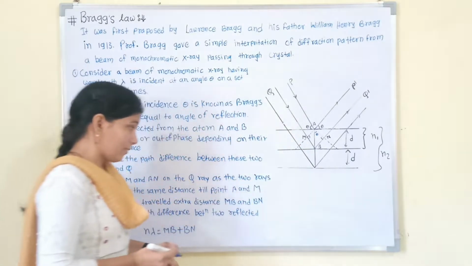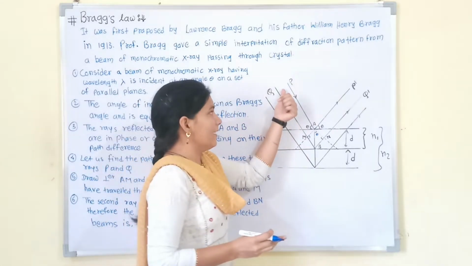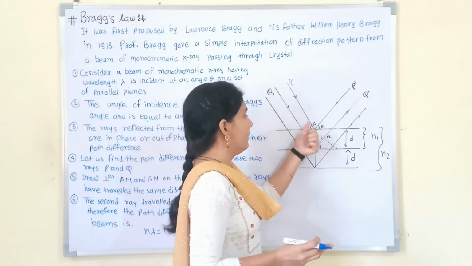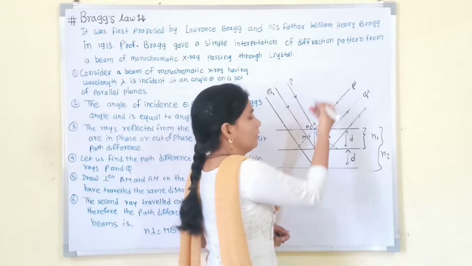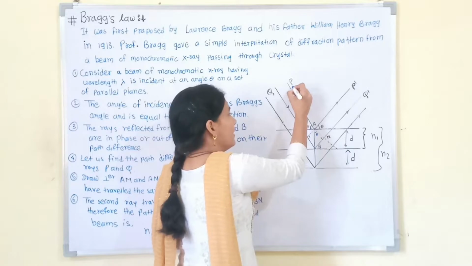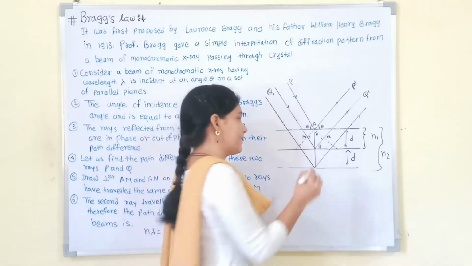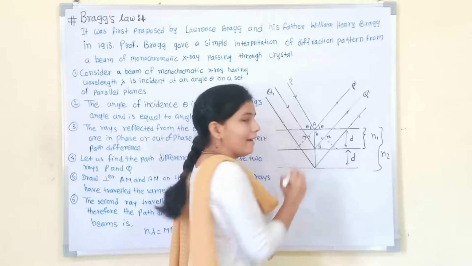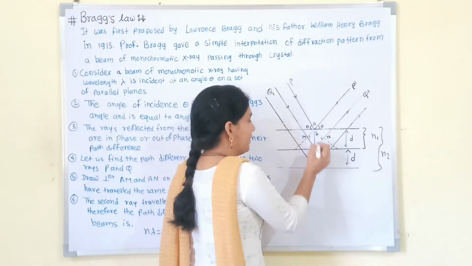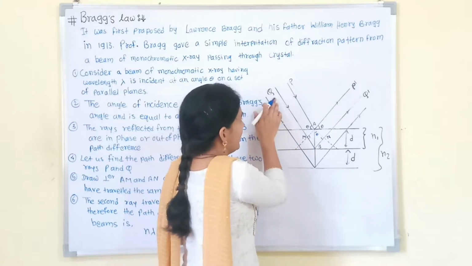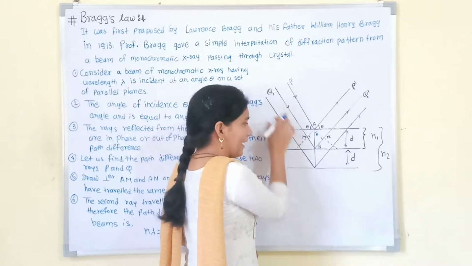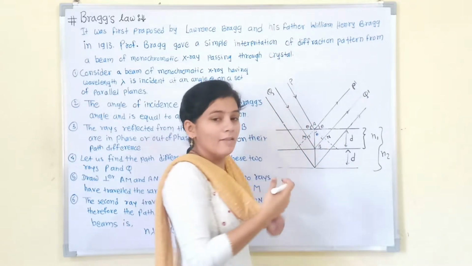We can see here that these P and Q rays travel the same path, the same distance, till points A and M. After that, the Q ray, or second ray, travels an extra path compared to the first ray.